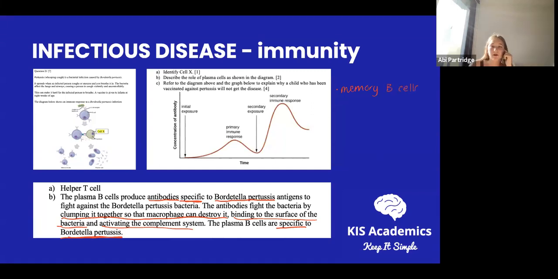The graph is really asking you to talk about the difference between primary exposure and secondary exposure, primary versus secondary. You also need to make sure you're talking about both diagrams and mention particular parts of both, because the question asks for both of those things.